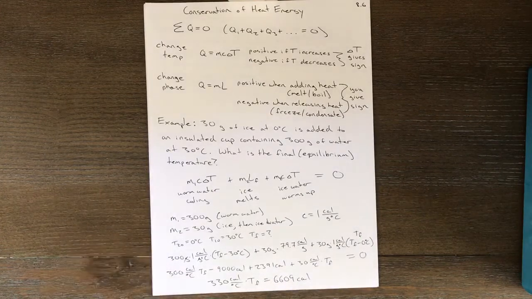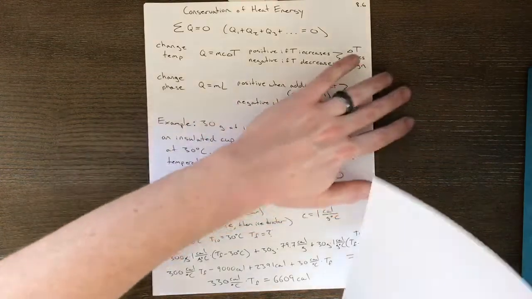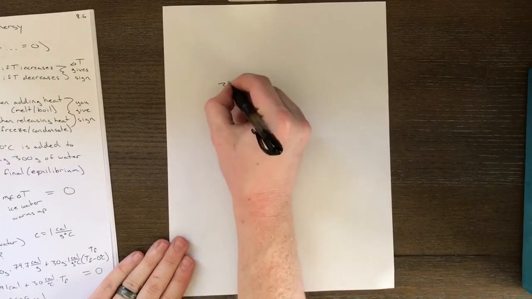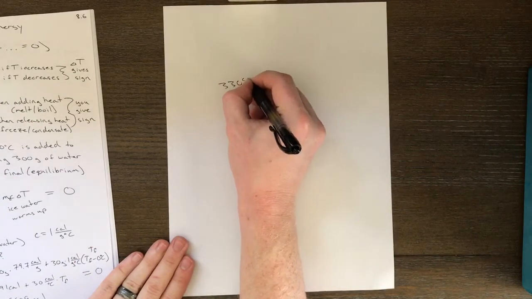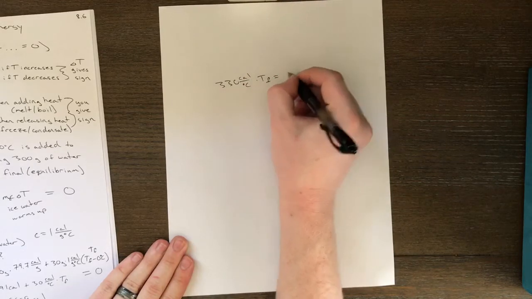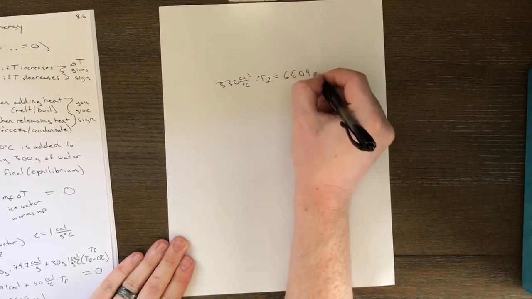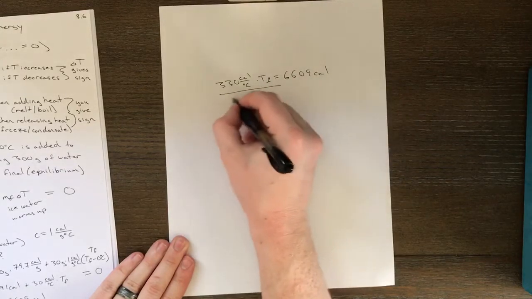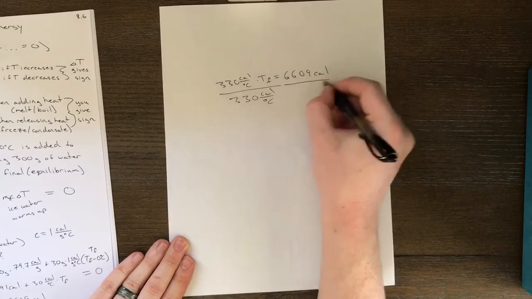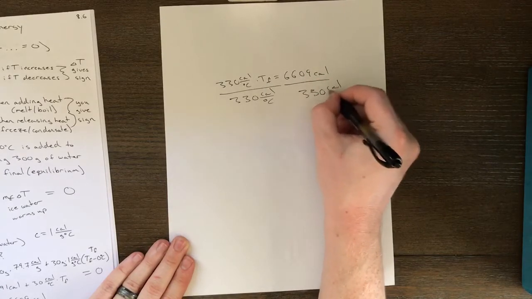I can add that to the other side. So I have 6,609 calories. And then lastly, I've run out of space, so I'm going to grab one extra piece of paper. 330 calories per degree Celsius times T final equals 6,609 calories. We divide by 330 calories per degree Celsius on both sides.